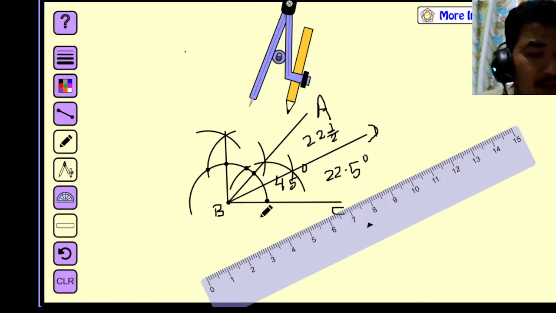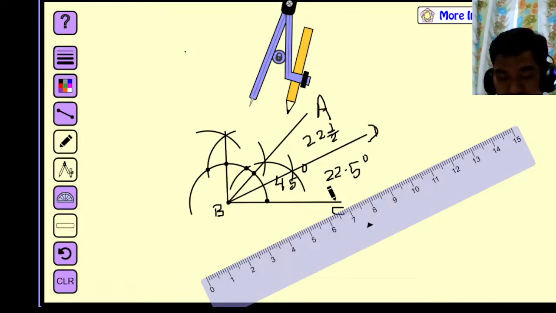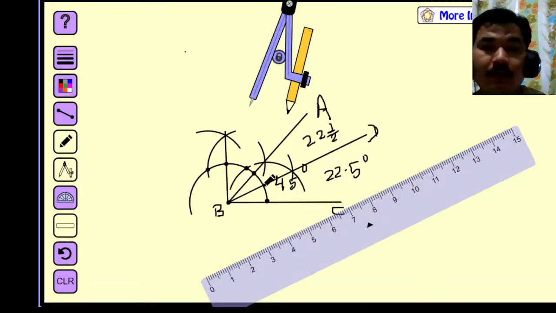This is the way to construct 22 and a half, okay? 45 we constructed and half of 45 we constructed, 22 and a half, okay?